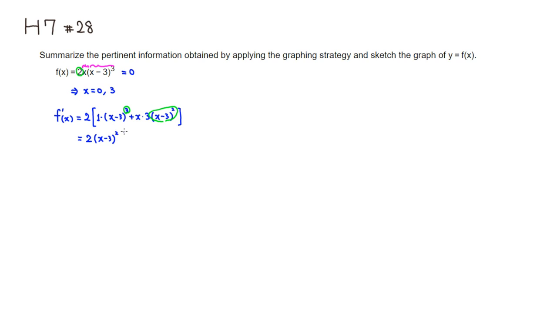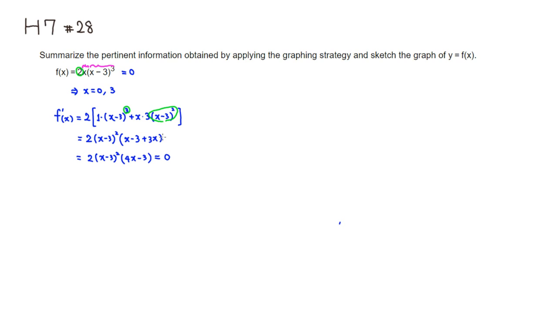What's left from the first term is x minus 3, and what's left from the second one is positive 3x. Then we clean up a little: we have 2 times x minus 3 squared, times 4x minus 3, putting x and 3x together. We set that equal to 0.